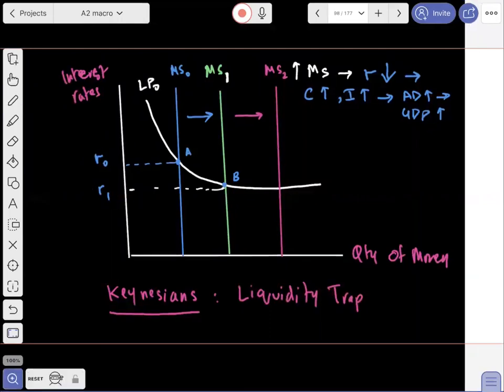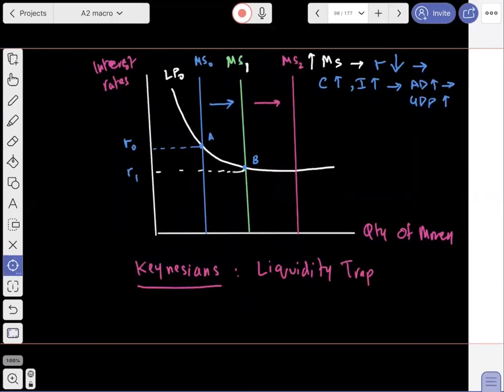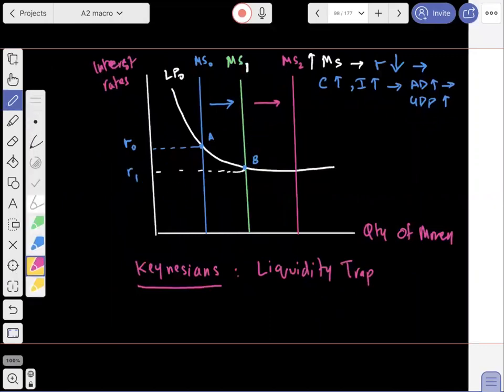अगर आपने money supply बढ़ाई, guys, if you increase money supply, there could be a possibility that the interest rates are probably at R1. And if our interest rate R is too low, let's say interest rate is so low that people are thinking कि यार इतना नीचे है, it's so low that it can only go up.